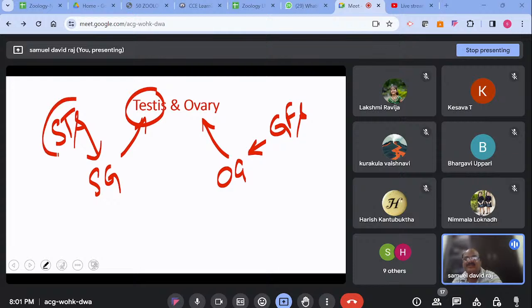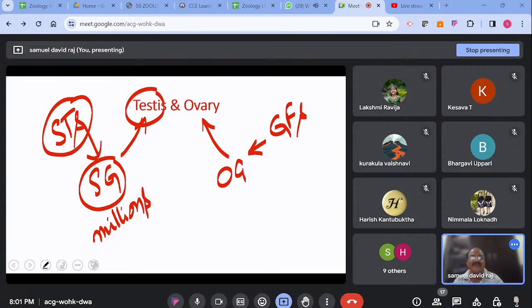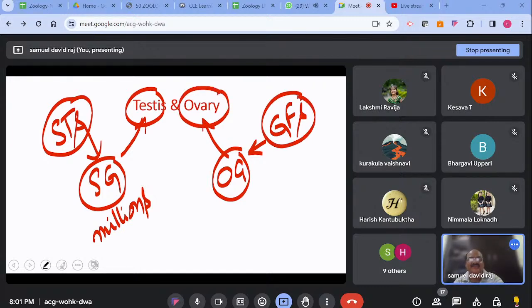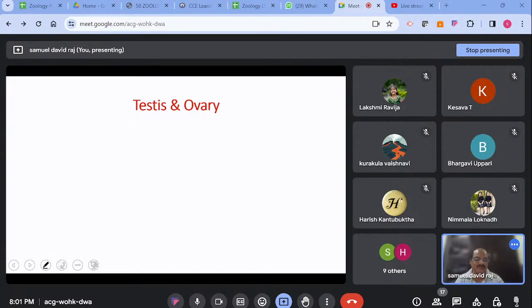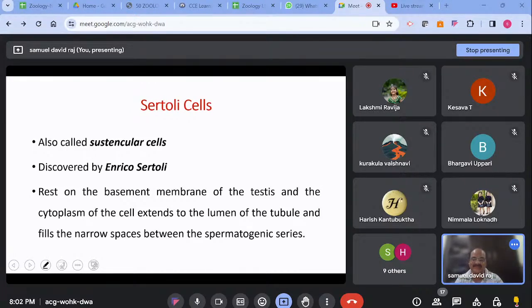In seminiferous tubules, when spermatogenesis takes place, millions of sperms are produced, whereas in oogenesis, inside the ovary, in Graafian follicles, only one ovum develops in case of human beings. So, how this takes place, we are going to discuss now.